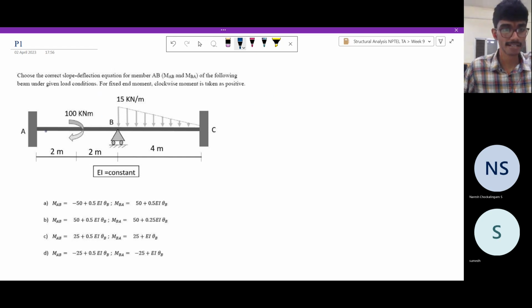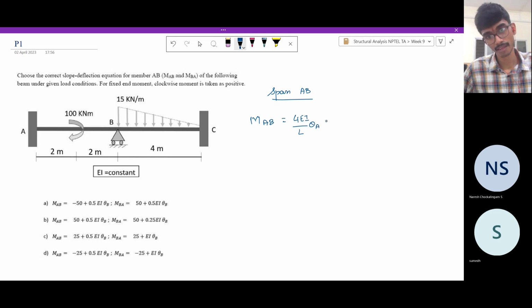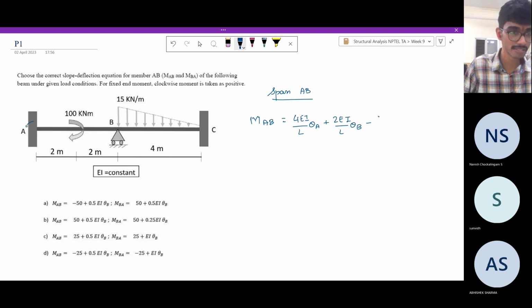So let us consider span AB. What is MAB? MAB is 4 EI by L theta A plus 2 EI by L theta B minus 6 EI, but there is no support settlement, so forget about it. What is the fixed end moment?